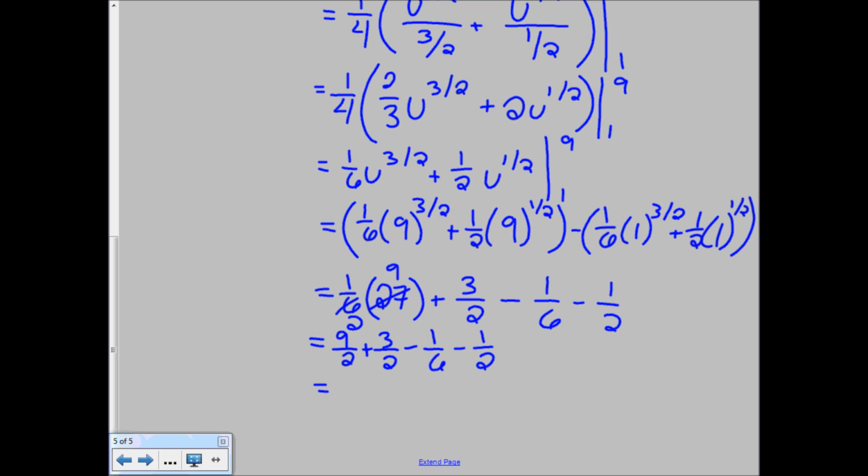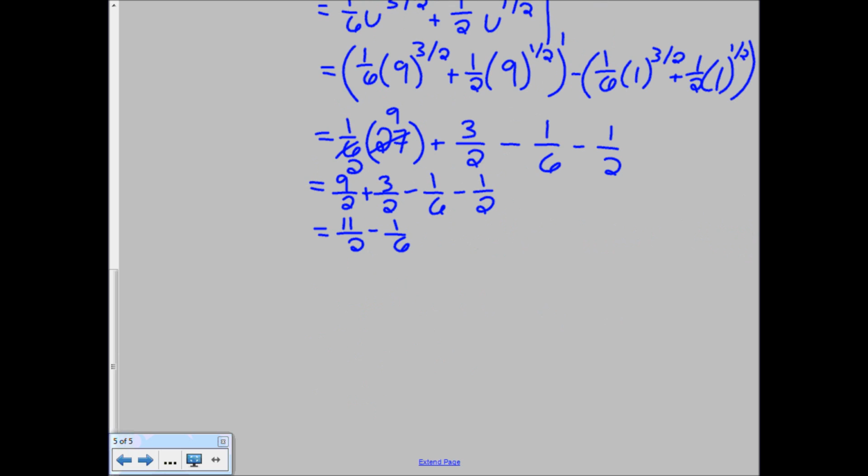Minus 1/2 is going to give us 11/2 minus 1/6. So our common denominator here is going to be 6. So I'm going to get 33 over 6 minus 1 over 6, which is just 32 over 6, which everything there is divisible by 2. So 32 divided by 2 is going to give us 16 over 3, which is going to be our final answer.